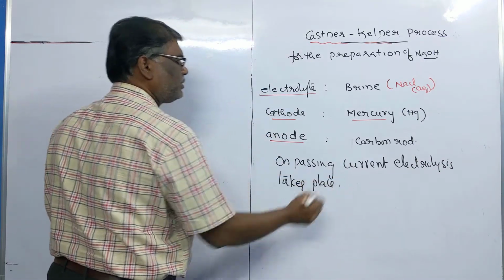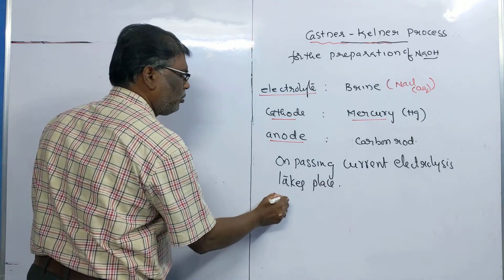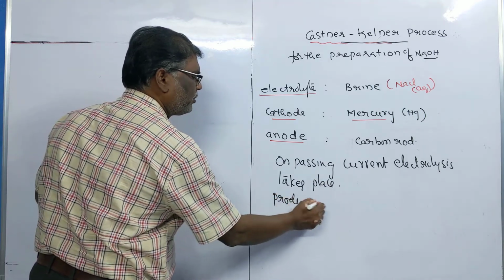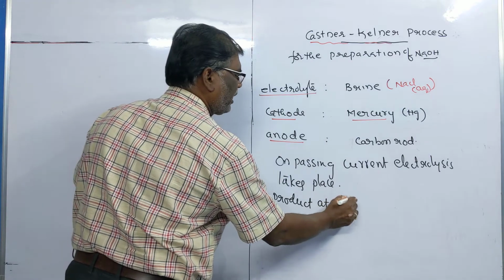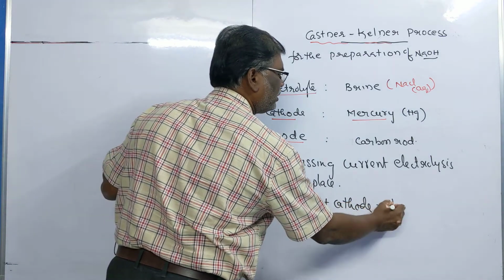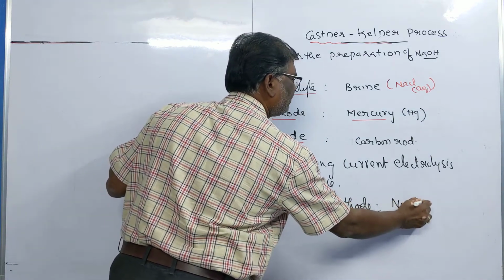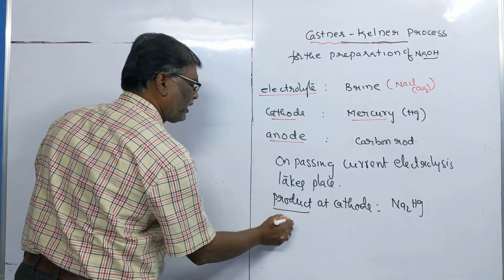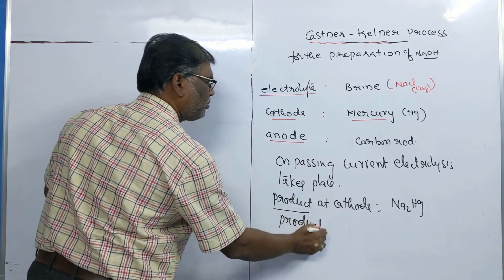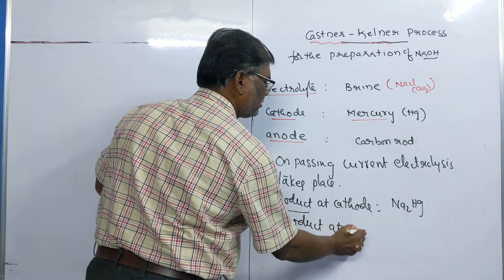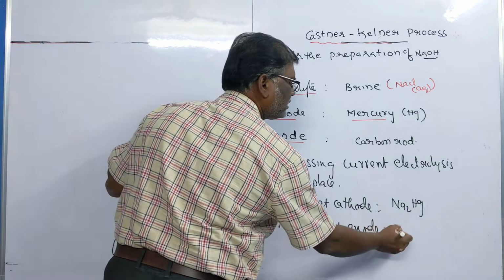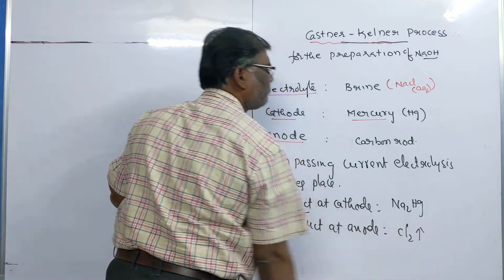As a result, what is the product at the cathode? The product at the cathode is sodium amalgam. The product at the anode is chlorine gas.